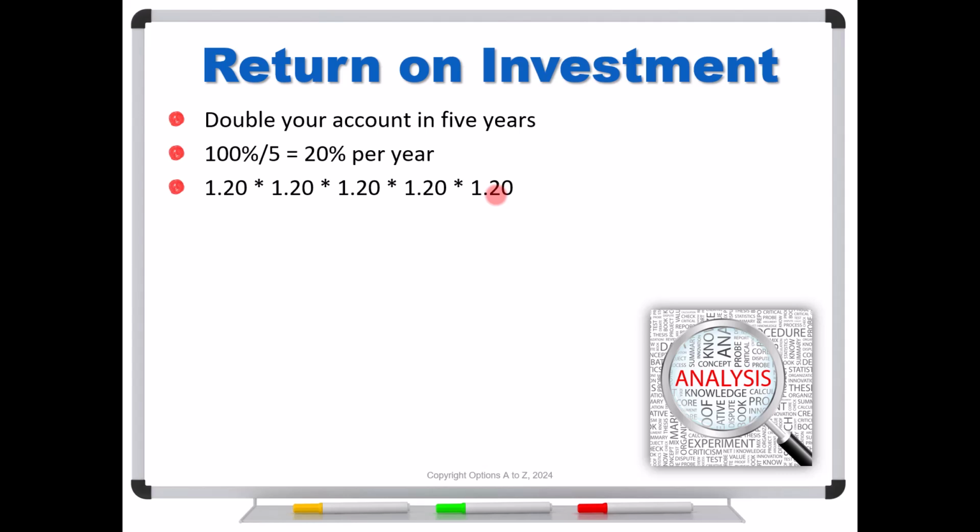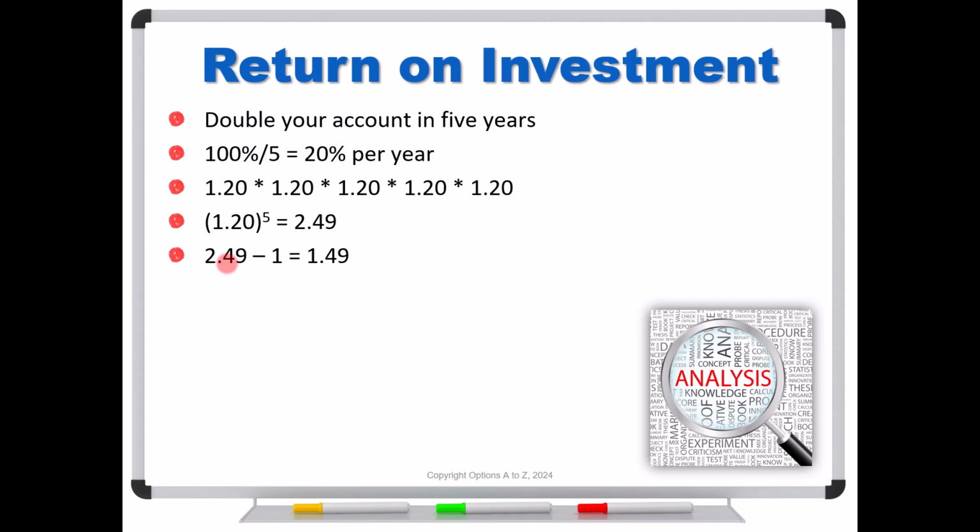Now, the shortcut way is to take 1.2 and raise it to the number of years. So you can just take a calculator, take 1.2 and raise it to, in this example, 5, and you're going to get 2.49. Now, this is going to tell you the multiplier. You have 2.49 times your money, but to convert it to a percent, we have to subtract off 1.